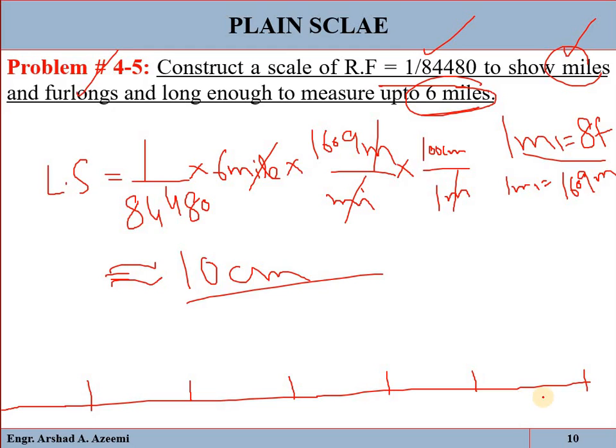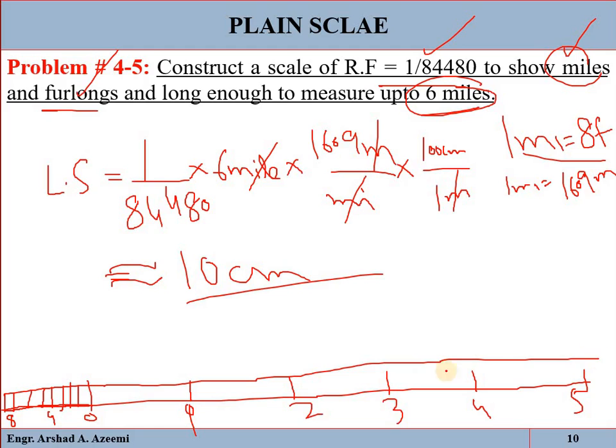Here you can write 0, 1, 2, 3, 4 and 5. And we have to represent furlong, so this is 1 mile, divide it into 8 parts: 1, 2, 3, 4, 5, 6, 7 and 8. So this portion will represent furlong. To the right side from this 0, these are the miles.